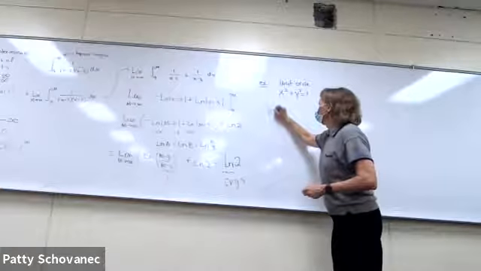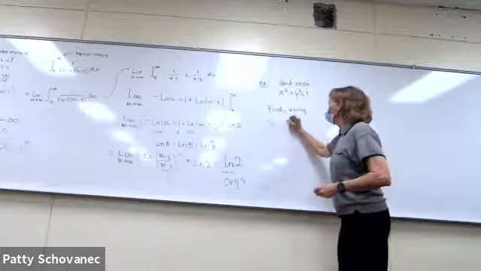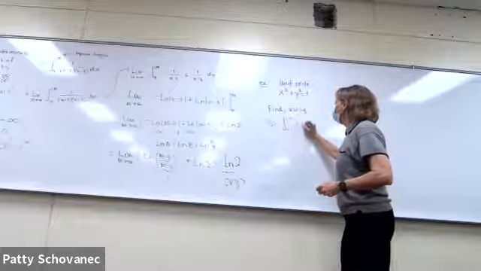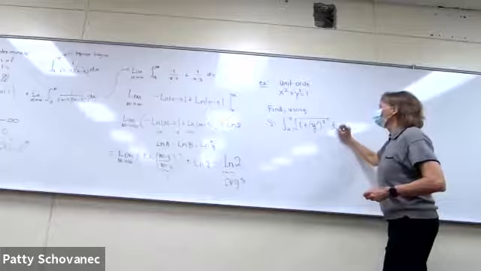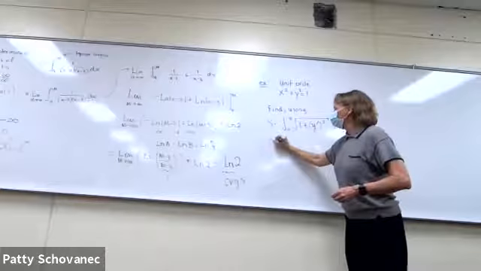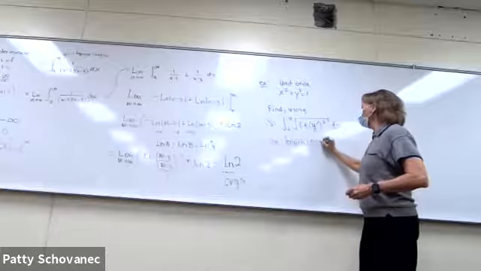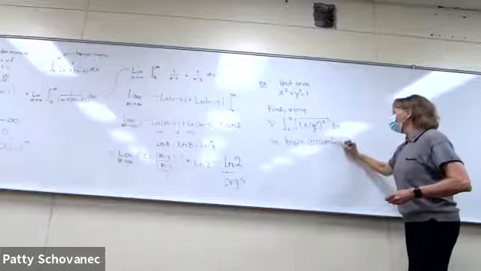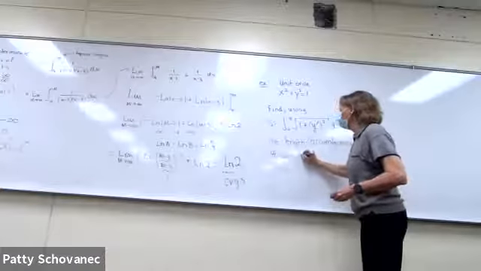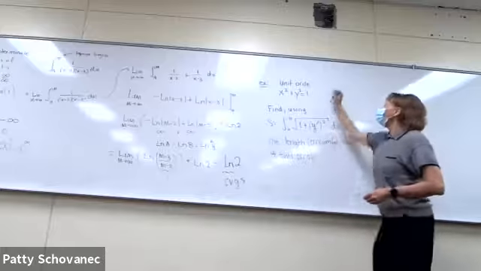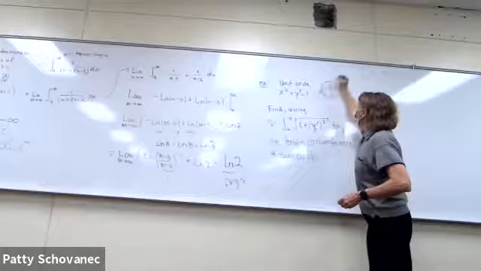So we're going to find, using our arc length formula, the length or the circumference of this circle. So here we should have x squared plus y squared is equal to 1.